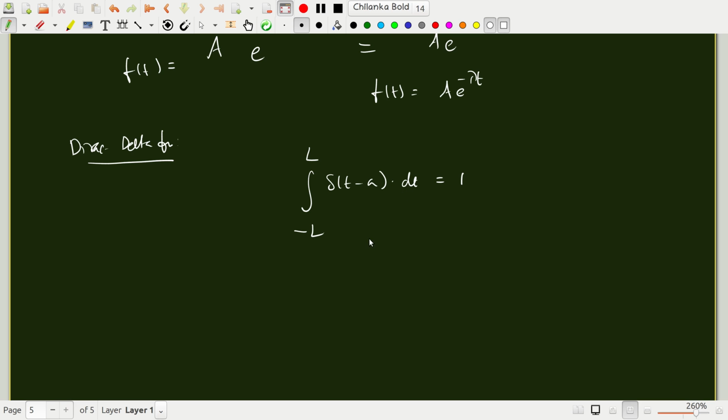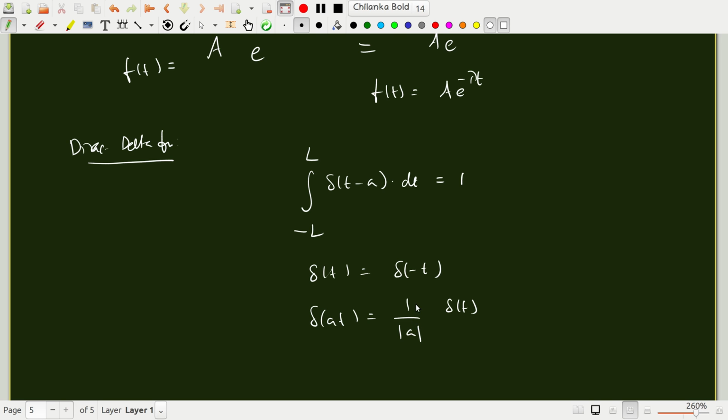Okay, this is the definition of the Dirac delta function, and delta of t is equal to delta of minus t, delta of at is equal to 1 by a delta of t, and so on. Okay, these are the general properties of the Dirac delta function.